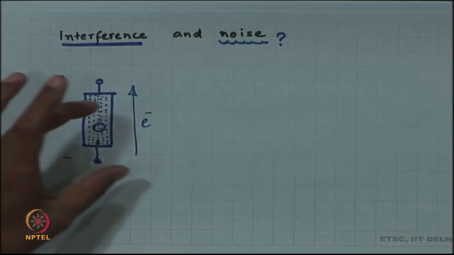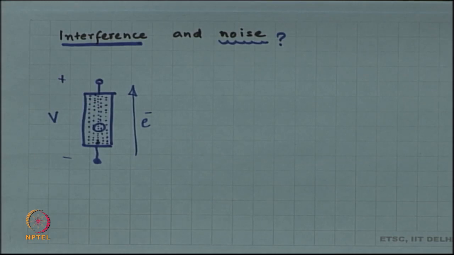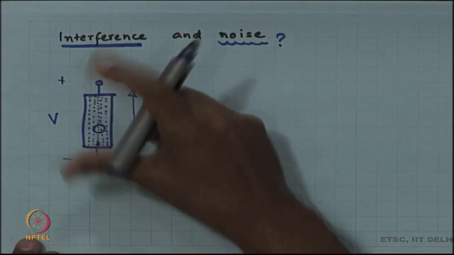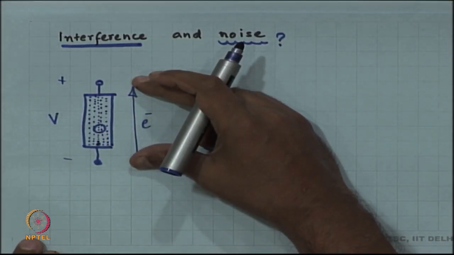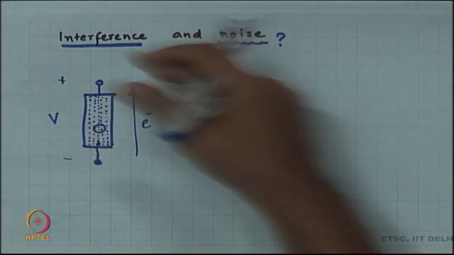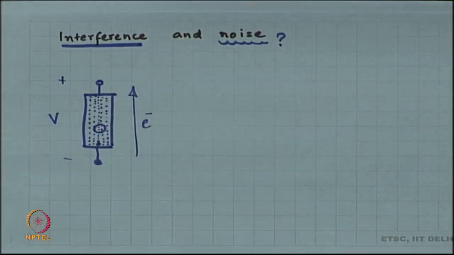So, this is noise. This bouncing off each other, this shoving and pushing, is going to cause noise, because I might have created an electric field over here, but different values of current might come out. That is going to be noise.